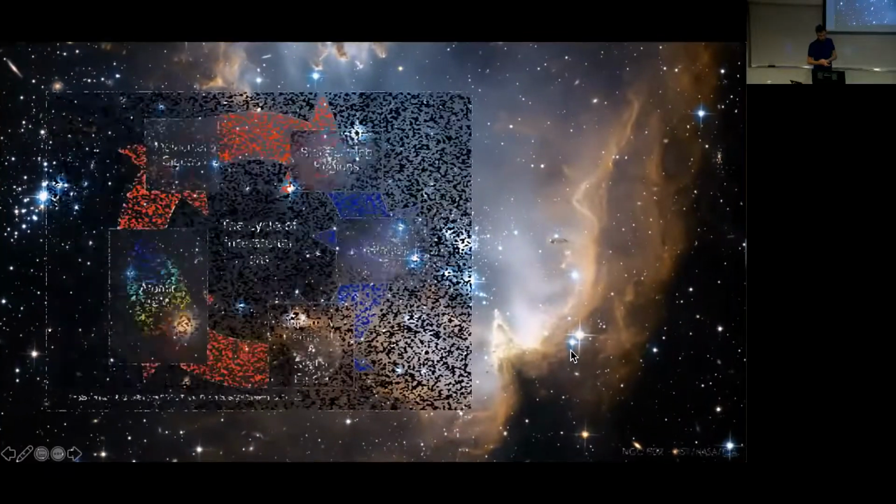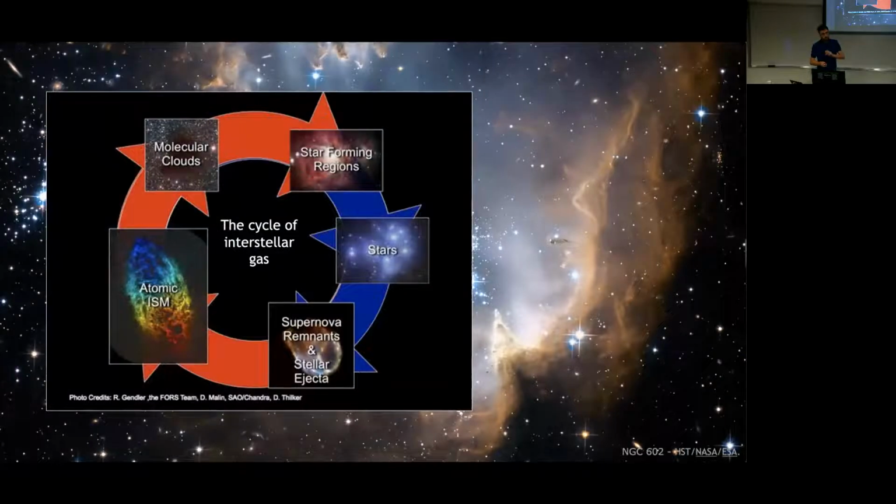So let's zoom a little bit more onto one of these clouds. And what we see here is the basic cycle of interstellar gas that is happening in our galaxy as well as in other galaxies. If you look at the baryon, the basic particle in the galaxy, it goes through this cycle. So let's say you start from the interstellar medium, which we just discussed, which on large scales is mostly atomic.